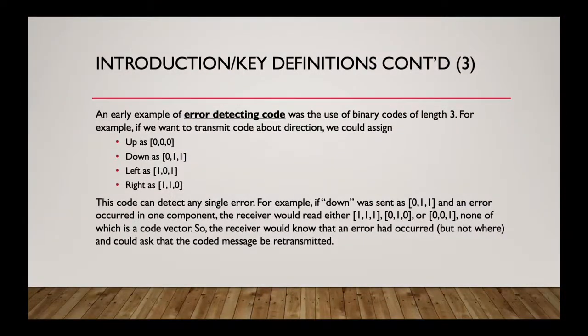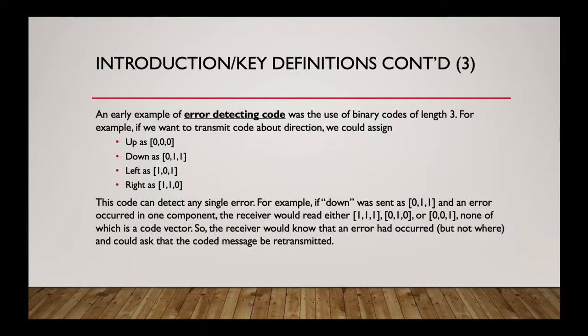An early example of error detecting code was the use of binary codes of length 3. So if we were to transmit code about direction, we could assign the direction up as 0, 0, 0, down as 0, 1, 1, left as 1, 0, 1, and right as 1, 1, 0.